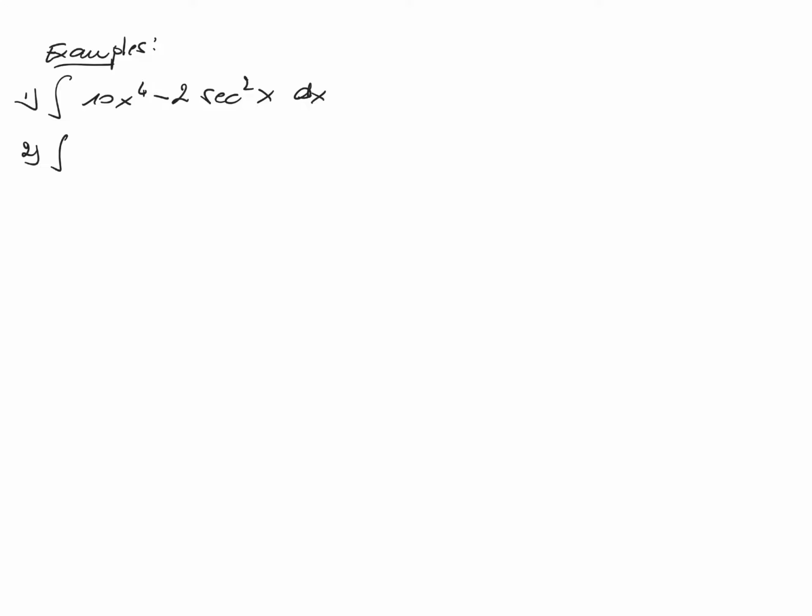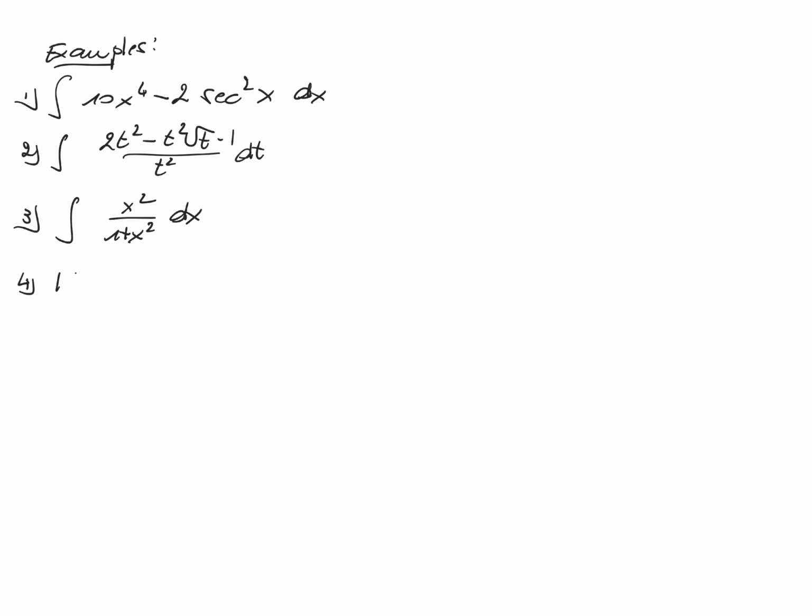The second one, the integral of 2t squared minus t square root of t minus 1 over t squared dt. For the third one, calculate the integral of x squared over 1 plus x squared dx.